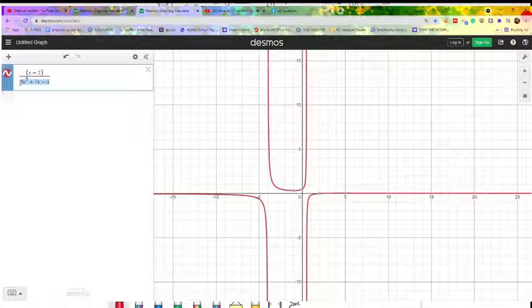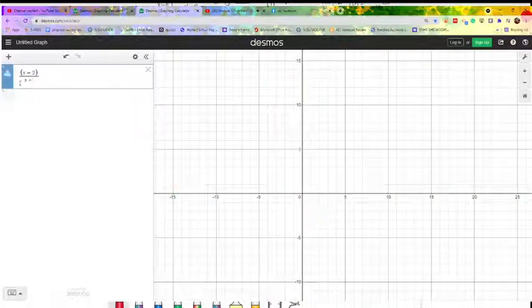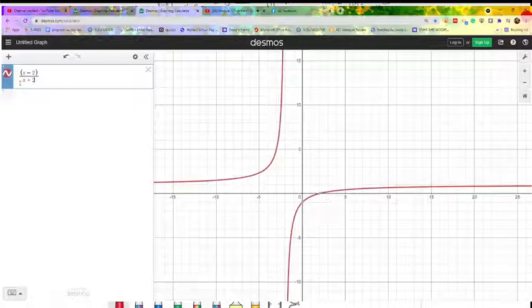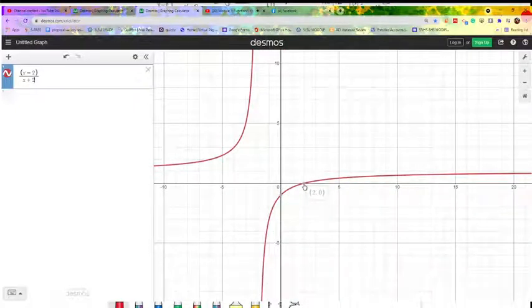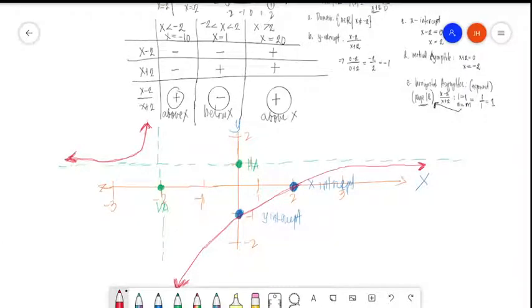You should understand first the process and then check. As you can see here, this is our graph. Again, the gray dot here is what I told you, the x-intercept (2, 0), and then the y-intercept (0, -1). Almost the same chart, see, almost the same as our graph.